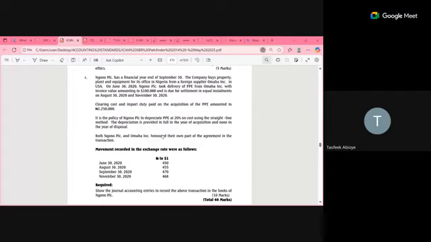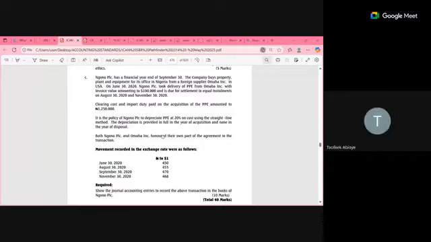Now they told us that clearing costs and import duty paid on acquisition of PPE amounted to 1,250,000. In line with IAS 16, that clearing and import duties, are we going to capitalize it or expense it? In line with IAS 16, we are going to capitalize, right? If you capitalize, use thumbs up; if you expense, thumbs down. So yes, we are going to capitalize it.